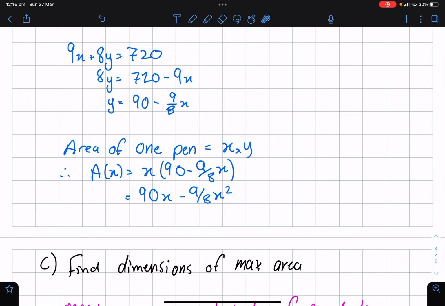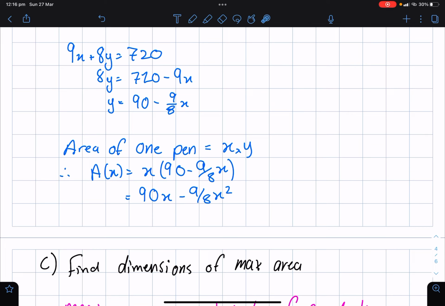We know our quadratic will be concave down if the a coefficient, the coefficient of the x squared term, is a negative number. Looking at our quadratic here, we locate the x squared term and look at the coefficient. We've got -9/8. That means we have a concave down quadratic, so we can find the vertex and we'll find the maximum coordinate.